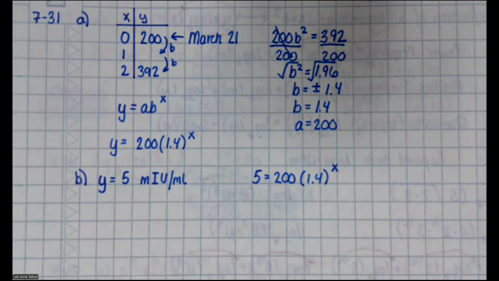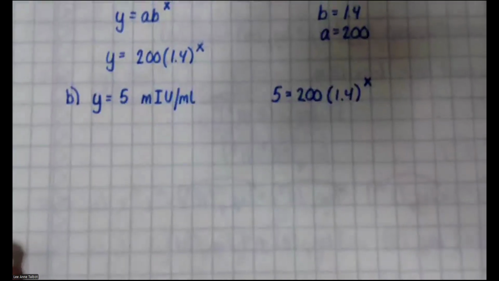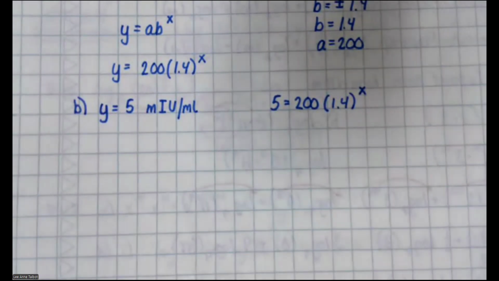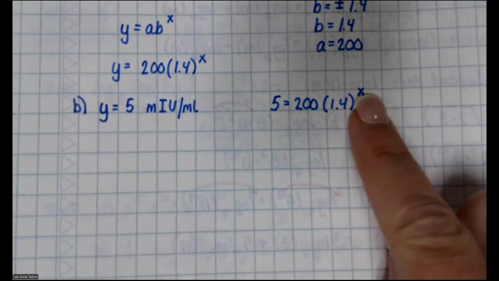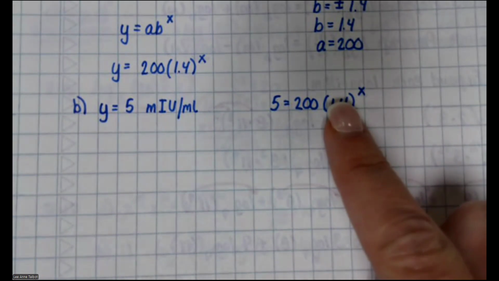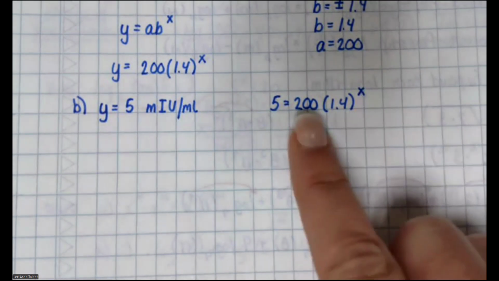And now, oh no, the cat is stuck in the tree. Okay, not yet though. Hold up. Okay, so this is really important. You can only log both sides when the base and exponent are alone. I'm going to say that again. You can only log both sides when the base and exponent are alone.